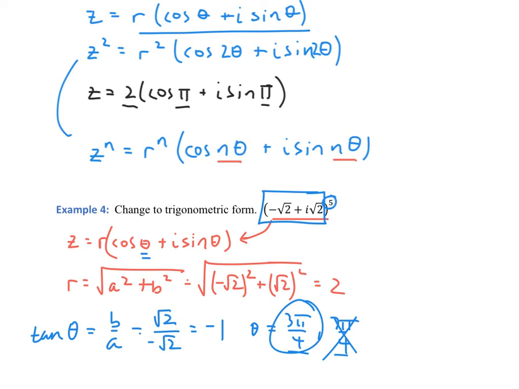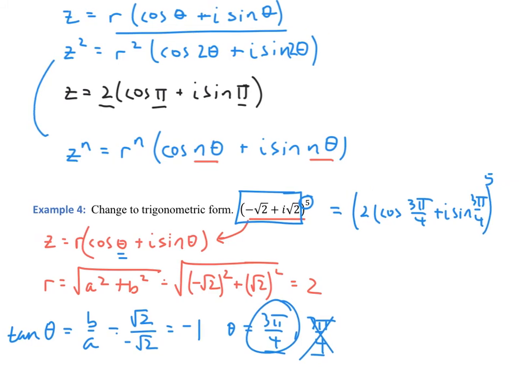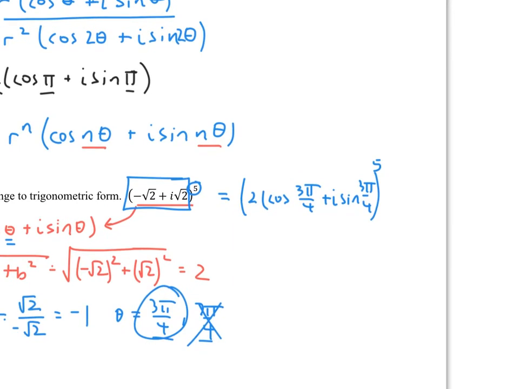So what this means is we are now taking a value of 2 times cosine of 3 pi over 4 plus i sine of 3 pi over 4 and raising it to a power of 5. The very first thing I do is my r to the 5th power.